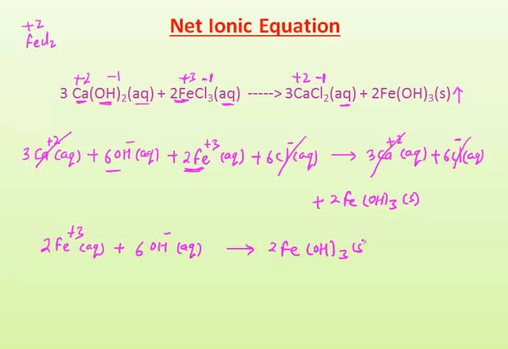It is in solid state. Well, in this equation, ferric ions and hydroxide ions are the reacting ions, and they produce ferric hydroxide as a precipitate in the reaction. This equation is known as the net ionic equation for this balanced equation.